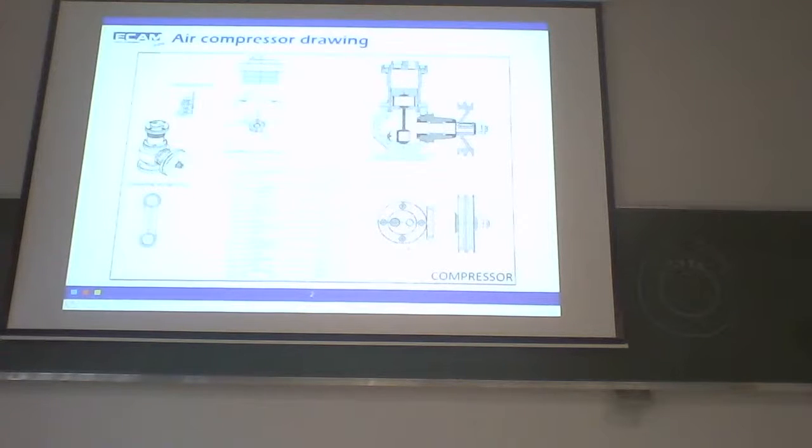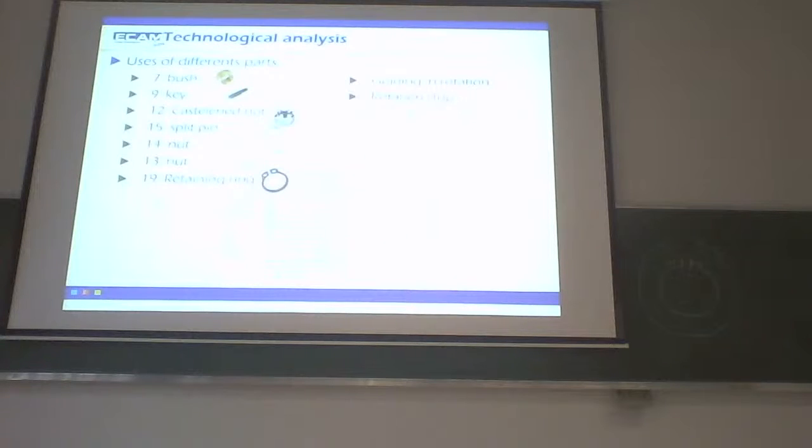Here you see one slot, the second one, another one here, another one here, etc. All around part 3, we have slots. So, what is the use of the slot? Not exactly. No idea.